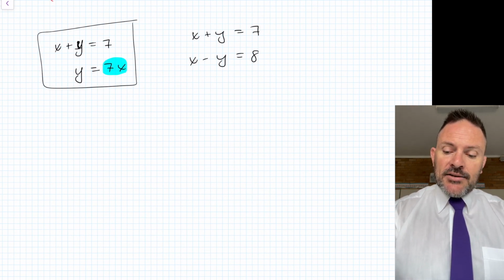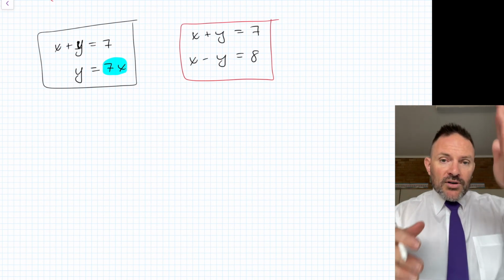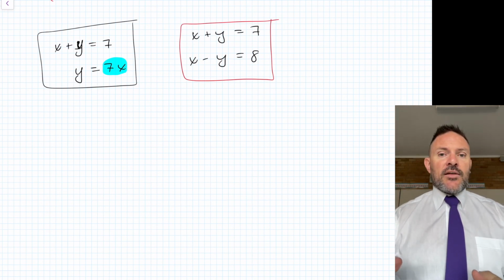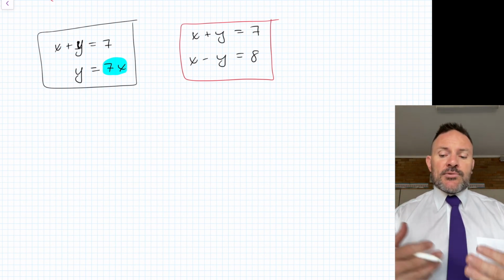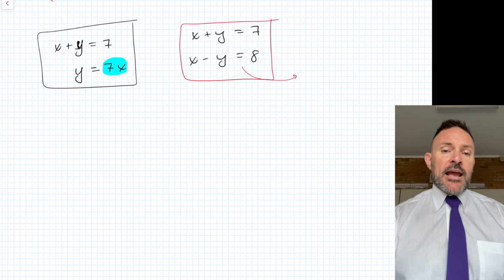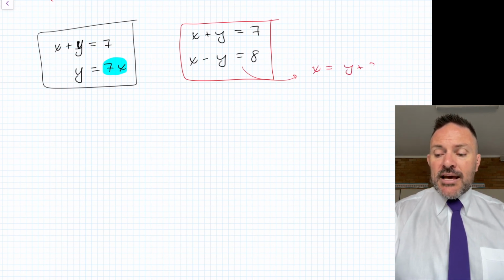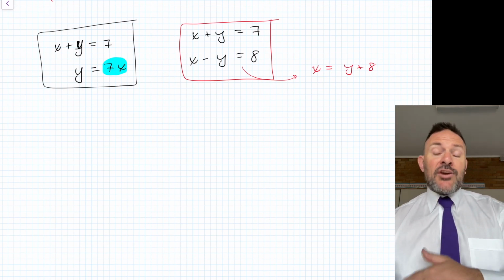Whereas the second example would be more like elimination because they're nice underneath each other and we can go either adding or subtracting. Of course, if you really wanted to, you could take one of these, for example, the second equation, and make it x equals y plus 8, rearrange it, and then do substitution.